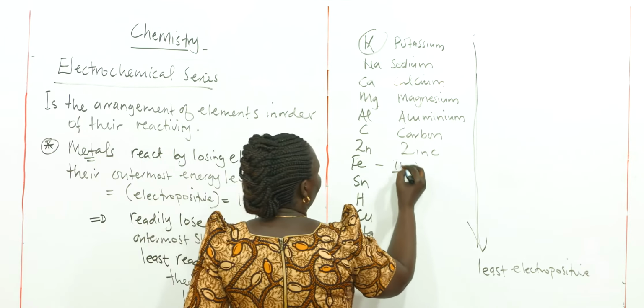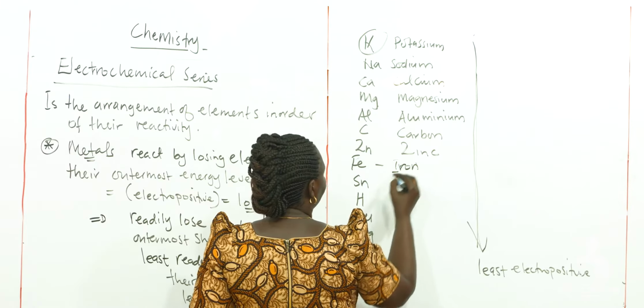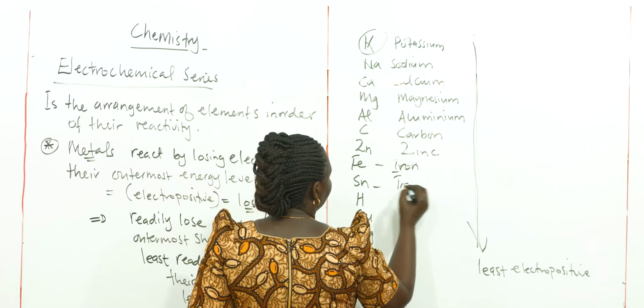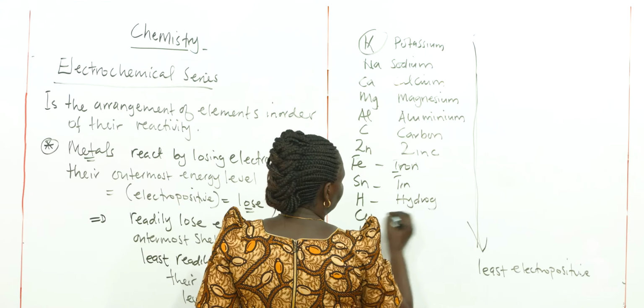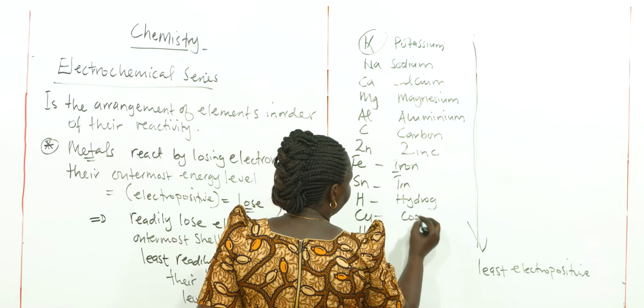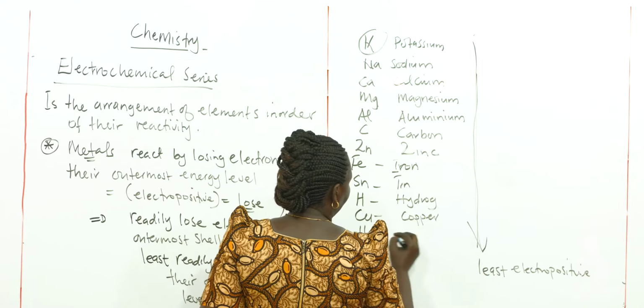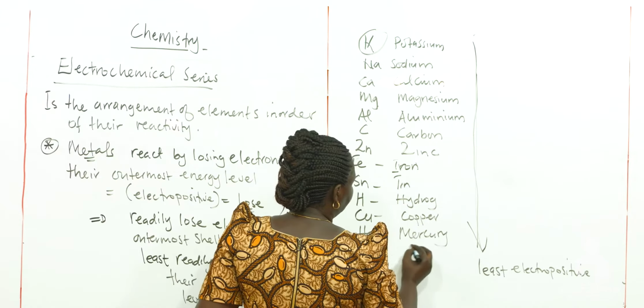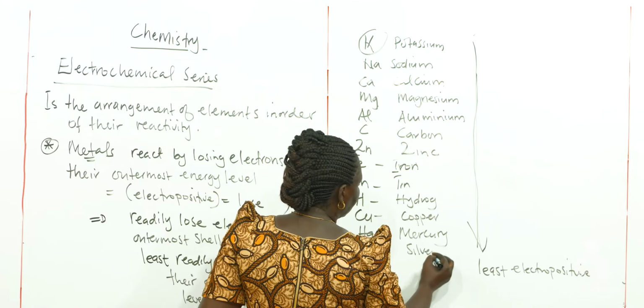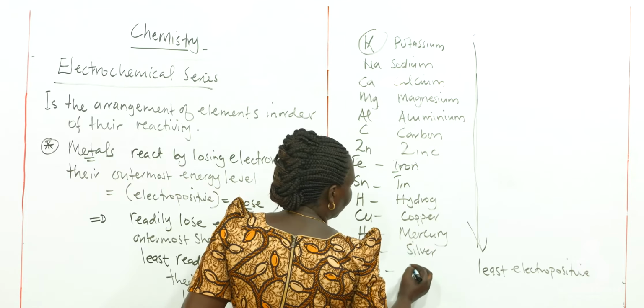So this is iron, this is tin, this is hydrogen, this is copper, mercury, silver, and then we have gold.